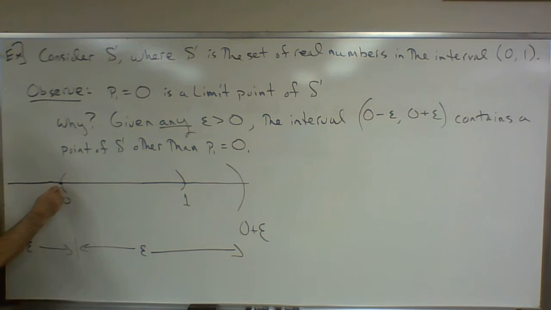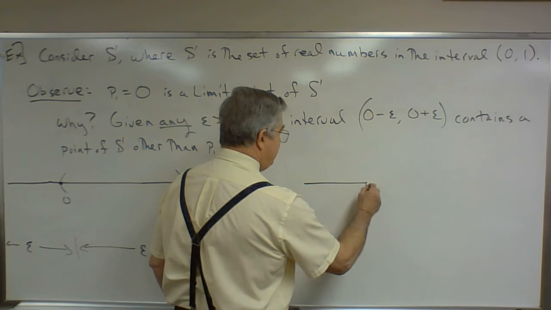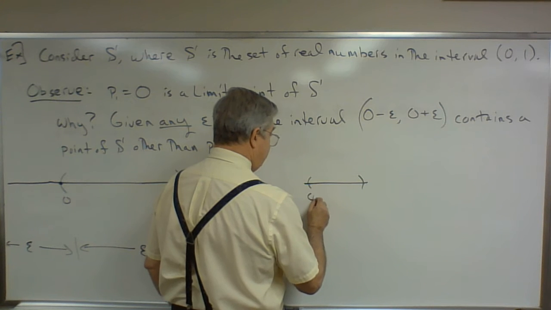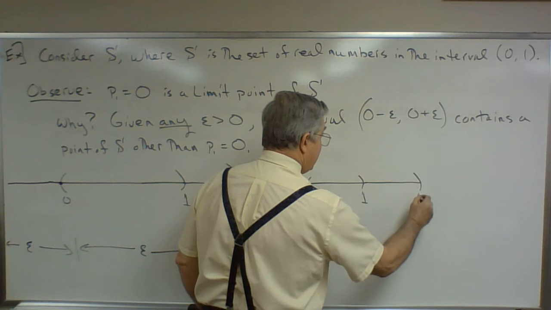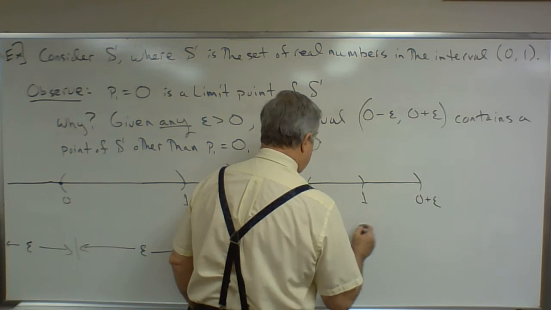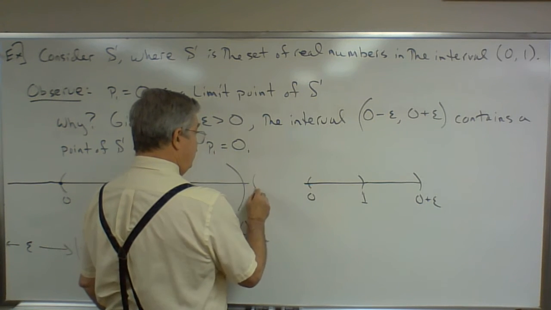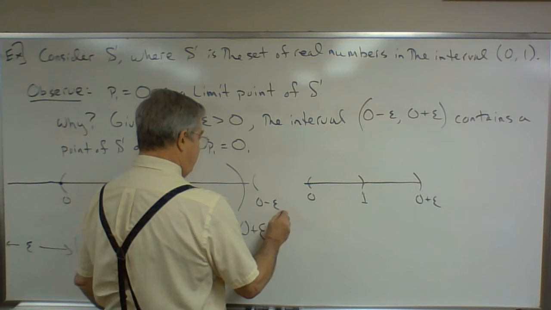So I have an open interval centered right here. And I'll shrink this down so we can get the whole thing on the screen. 0, 1. And over here we have 0 plus epsilon. And over here, 0 minus epsilon.